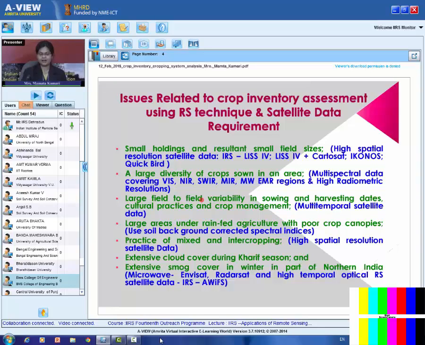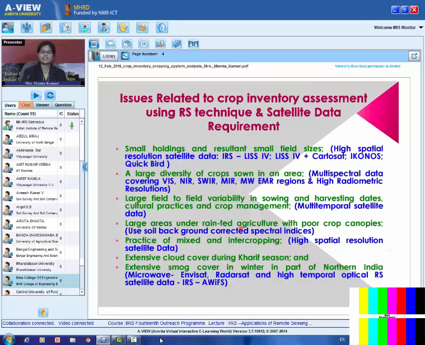But both are different as per crop duration. Mustard and wheat are both sown in the month of November, but mustard is harvested much earlier than wheat. So if we are able to collect the data of March, then we can discriminate mustard and wheat as per their crop growth profile or NDVI profile.